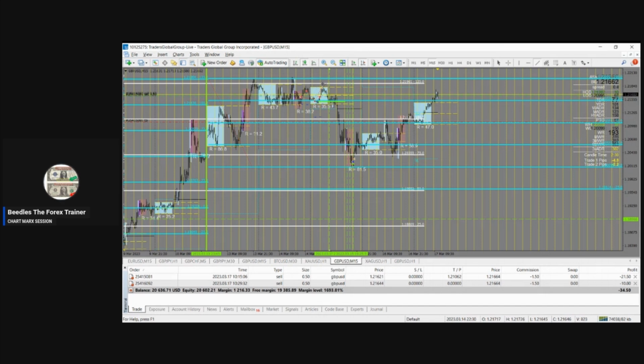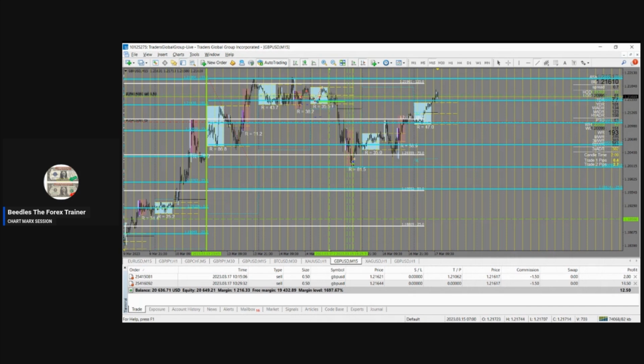So our high probability trade comes in the way of price moving back, from this Asia level right here, into a level of resistance. This structure right here is giving us a lot of confidence in regards to a resistance level.